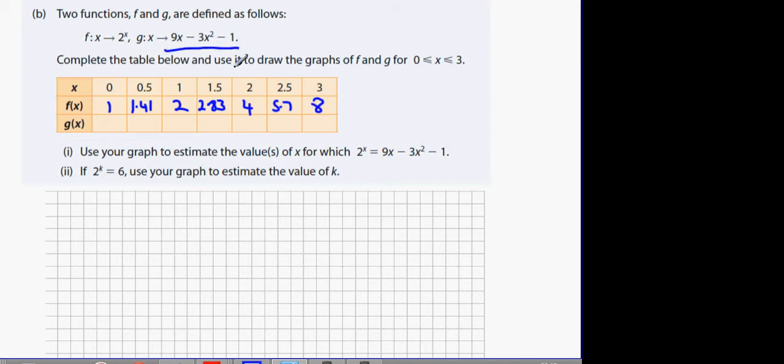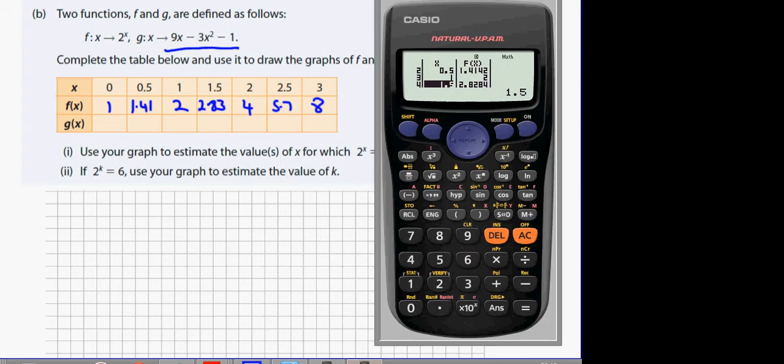Okay. Now g of x. G of x is this function here. So what we got to do is redo this. Okay.